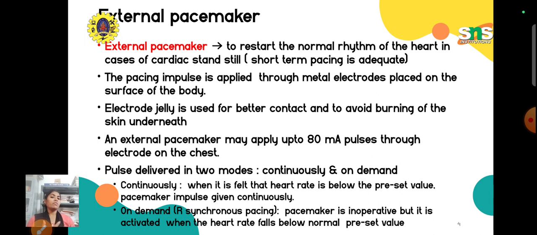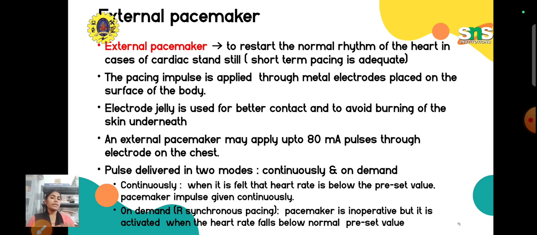If we use this mode, the pacemaker will give impulses continuously, and at some point, if the heart is also functioning properly, competition between the normal electrical impulse of the heart and the pacemaker impulse will take place. As a result, it will end up with some other problem. So continuous mode is not recommended for a temporary heart problem. It is better for a permanent heart problem.